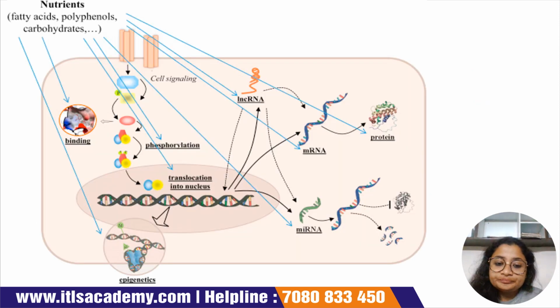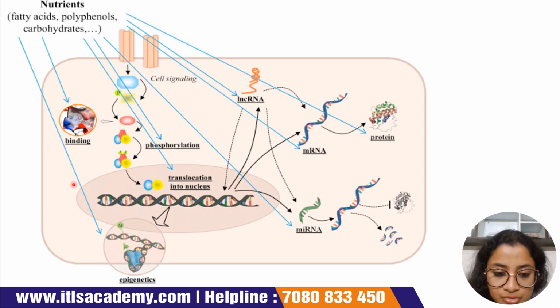So this is basically the diagram that explains in short the relation between nutrients and epigenetics. Nutrients, as I said, will mainly be either fat or protein or carbohydrates.